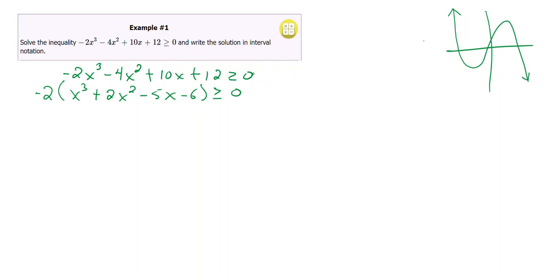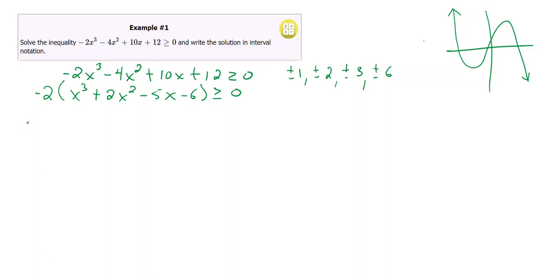Factors of negative 6, so that could be plus or minus 1, plus or minus 2, plus or minus 3, or positive or negative 6, right? So I could try all of these numbers. Those are numbers that could be zeros of my function.